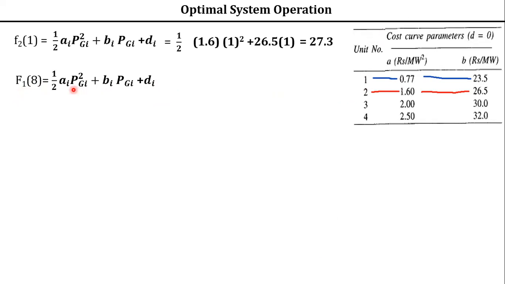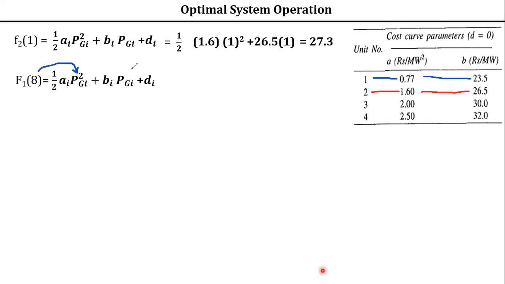Substitute these values here, Ai, Bi, Di. What is PG? It is nothing but your 8 megawatt. Hope you understood that. This 8 is nothing but your PGi. Substitute it.